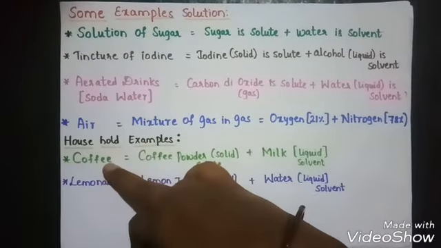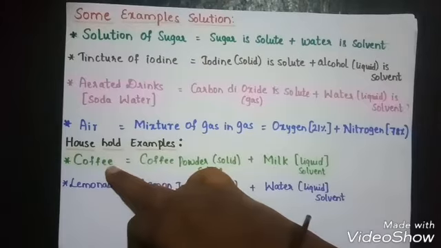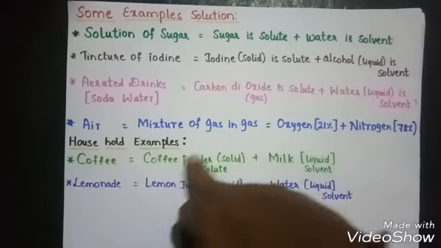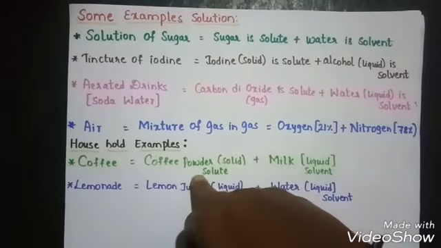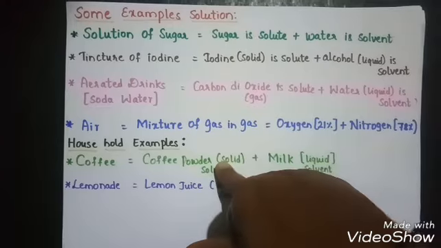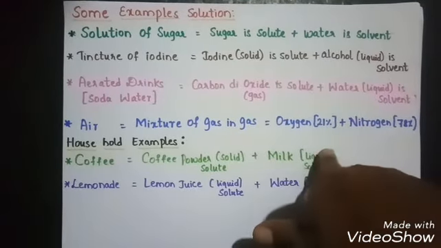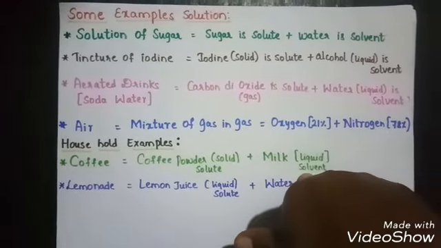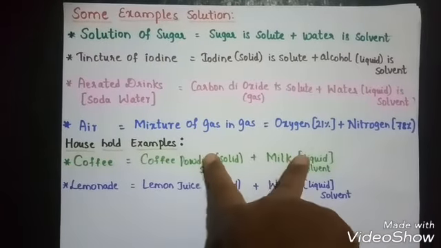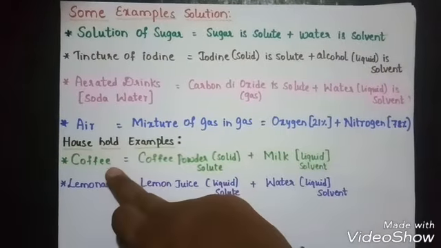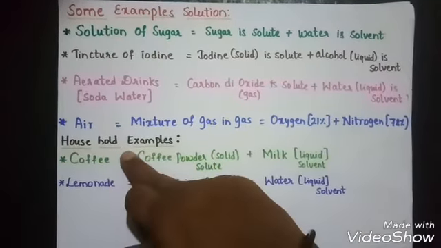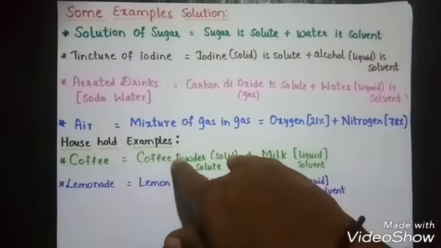When your mother is preparing coffee, she takes coffee powder, which is a solid and is the solute, and this coffee powder is mixed with milk. Milk is a liquid and acts as the solvent. When you mix coffee powder and milk, you get coffee. So coffee is again an example of solution.